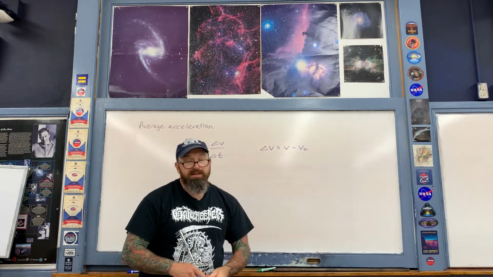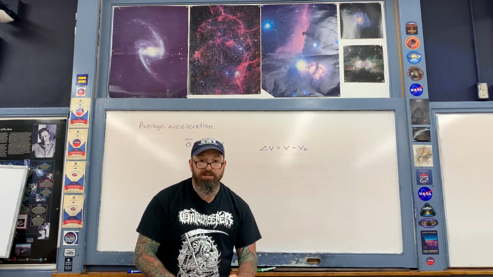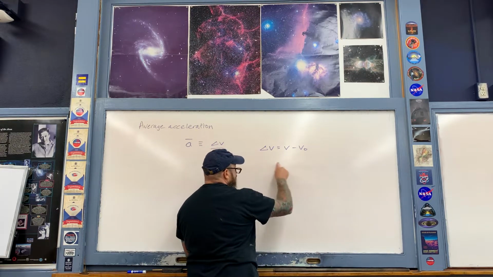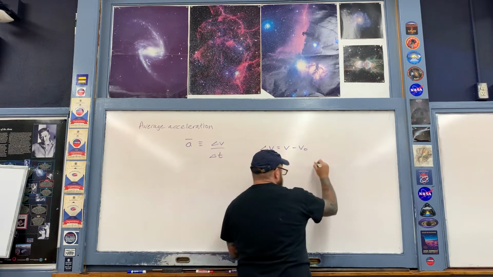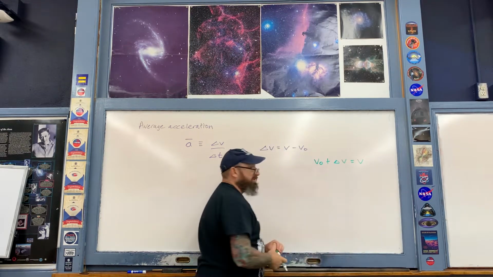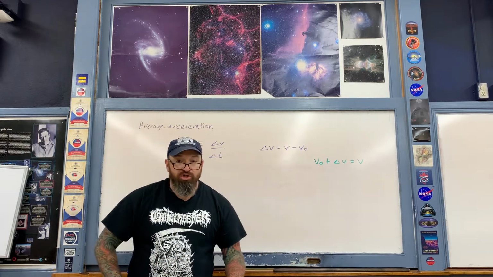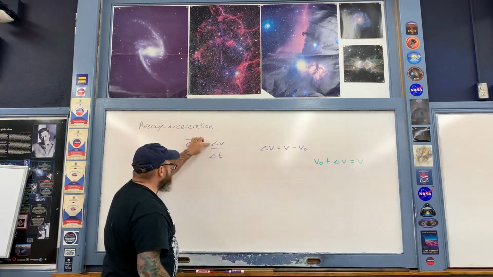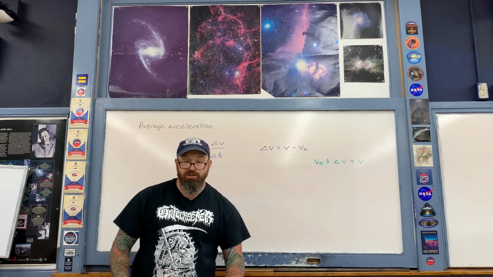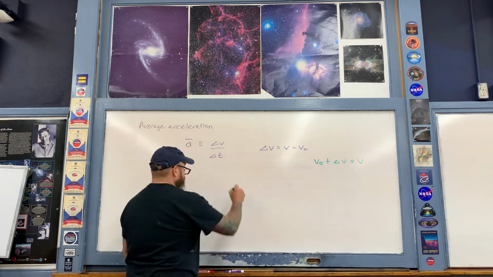In order to see the tail to tip method, and you'll see this in an example in just a few moments, we then do the following. Take the initial value and move it to the other side, such that the initial plus the change is equal to the final. Now, because change in velocity, delta V in the numerator of this expression, is a vector quantity, this then means that average acceleration is also a vector quantity.